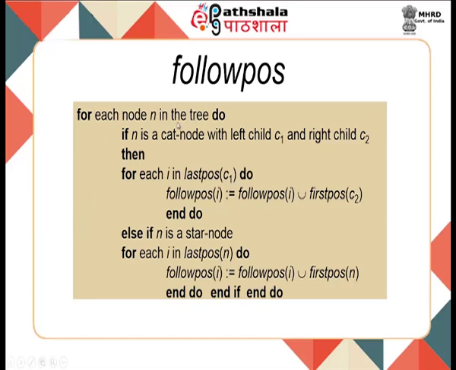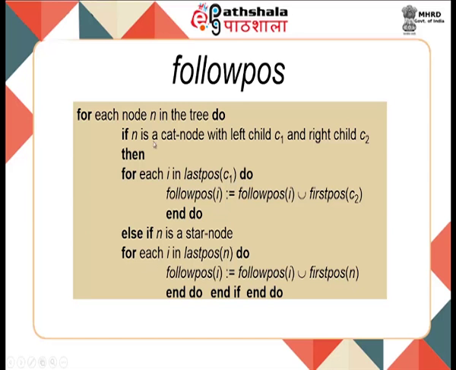For each node n in the tree, if n is a cat node, a concatenation node with left child C1 and right child C2, then for each I in last position of C1, follow position of I will be follow position of I union first position of C2. If n is a star node, then for each I in last position of n, follow position of I is equal to follow position of I union first position of n.